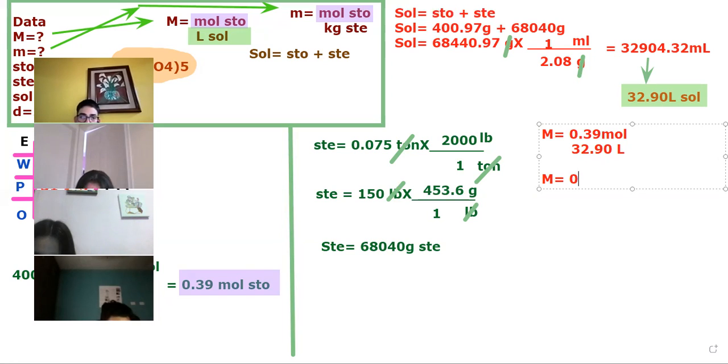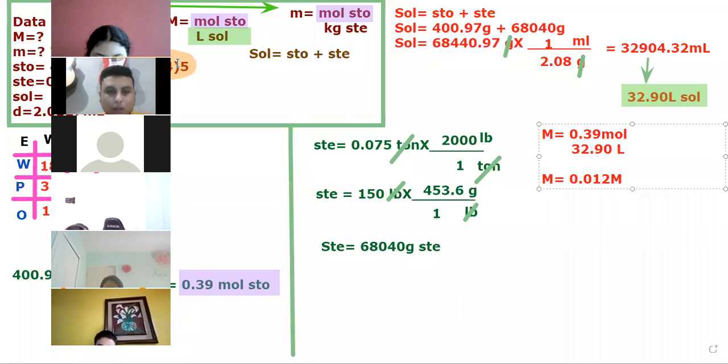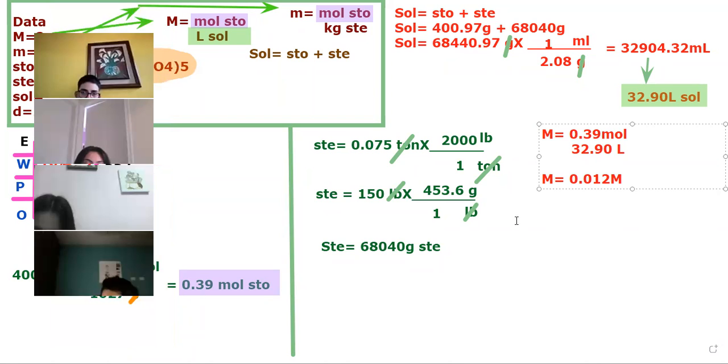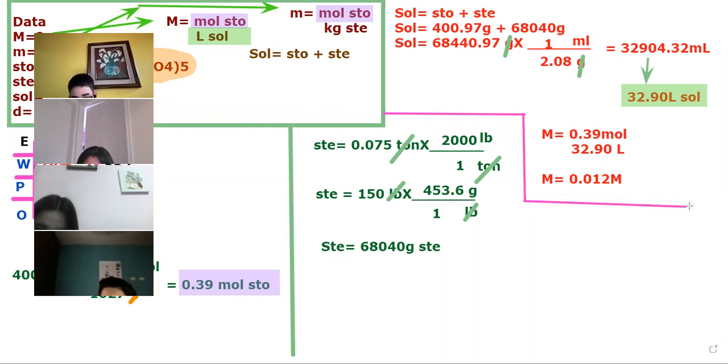And the final answer is this one. Is the answer correct? So in your calculator, did you obtain this answer? Move your head, say something. Okay, thank you. Okay, we finish with the first part, the molarity.